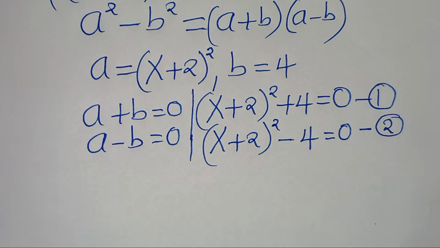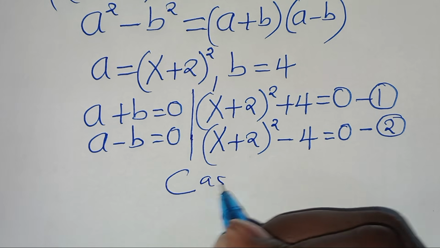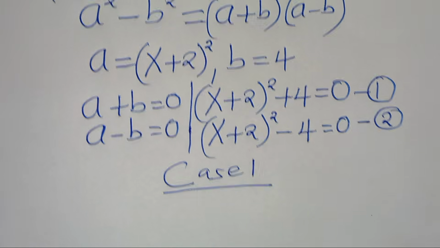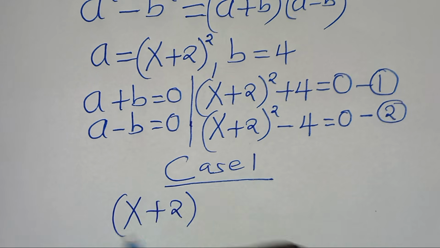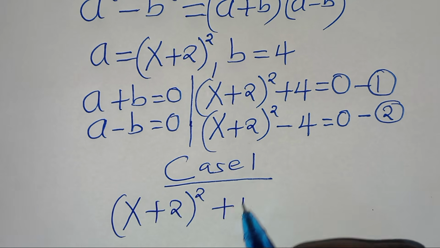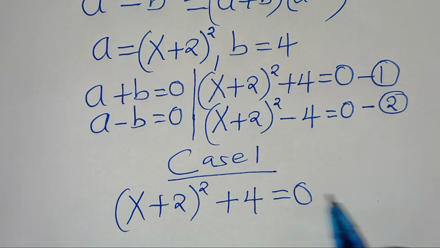Now let's start with case 1. In case 1 we have (x + 2)^2 + 4 equals 0.